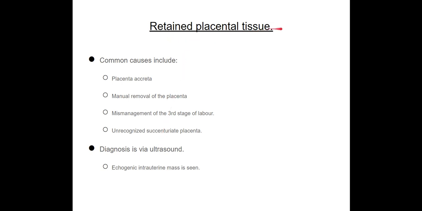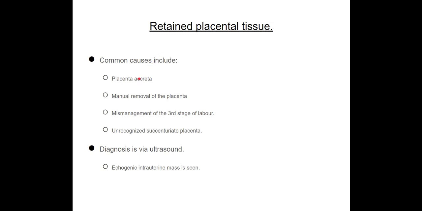So the other cause is retained placental tissue. The most common one is what we call placenta accreta, which is a form of excessively adherent placental tissue, what we refer to as morbidly adherent placenta.